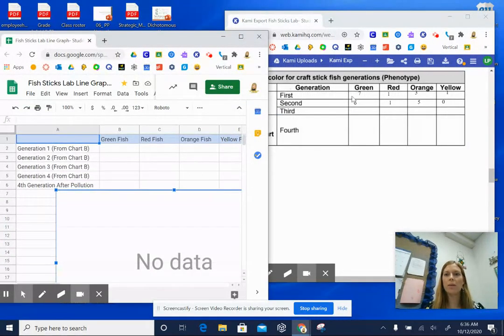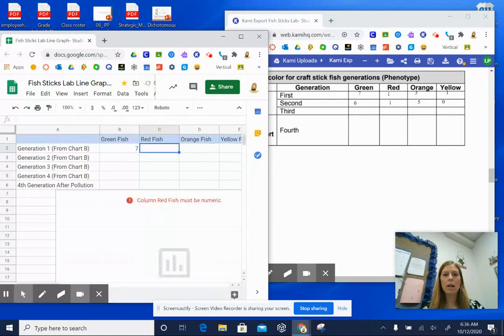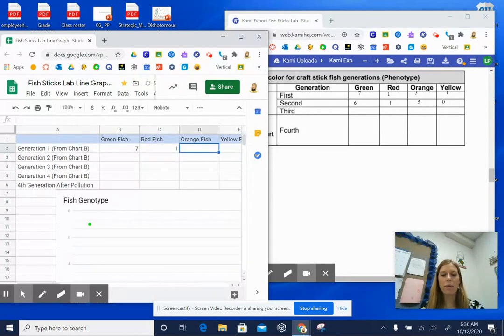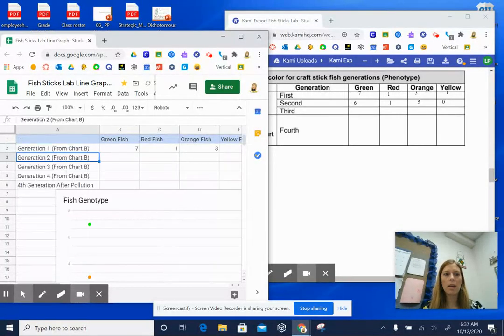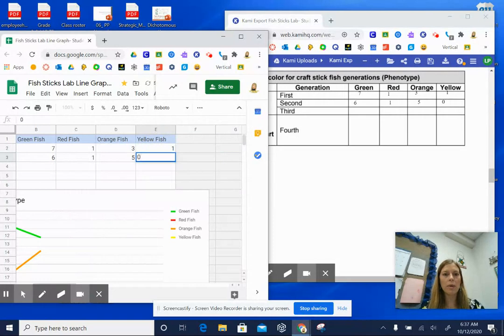Okay, so looking at my table B, my first generation, I would put in my information this way. I would have 7 green fish, and then I have 1 red, and then I have 3 orange and 1 yellow. Okay, for my second generation, I have 6 green, 1 red, 5 orange, 0 yellow.